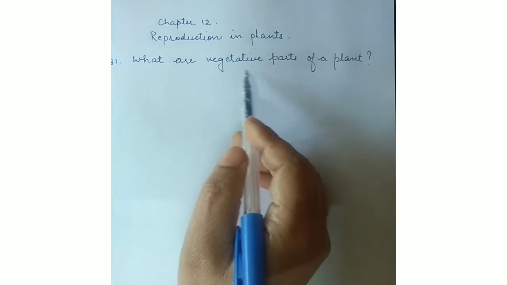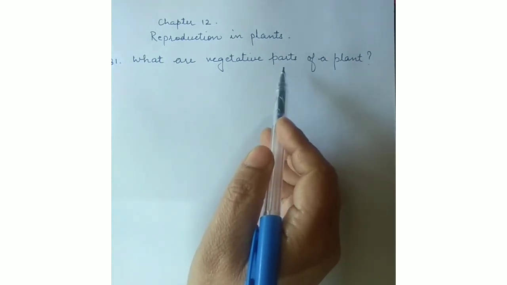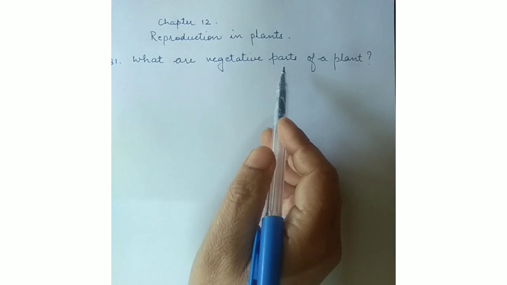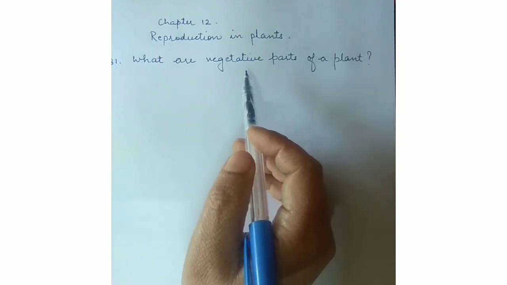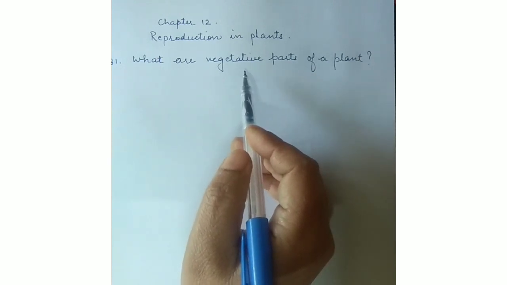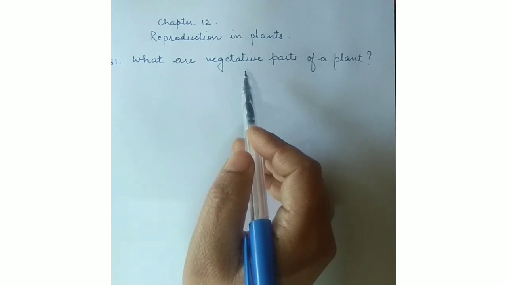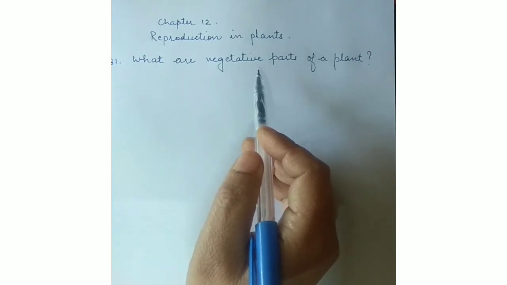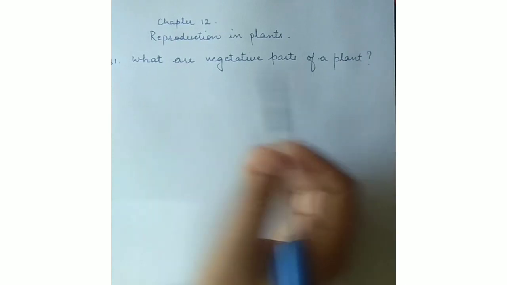They are known as vegetative parts. For example, the parts other than flower: leaves, stems, branches, roots, buds. Okay? And the other name of the reproduction done by vegetative parts is asexual reproduction.